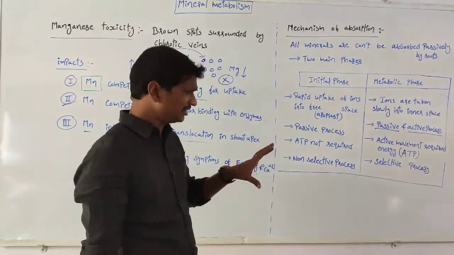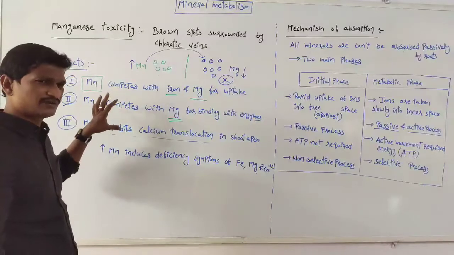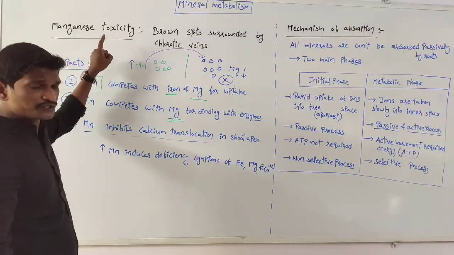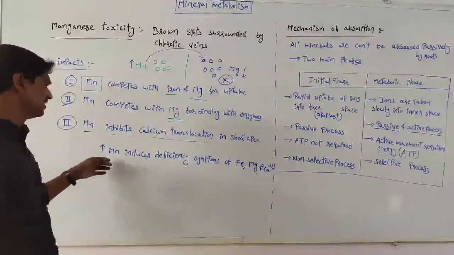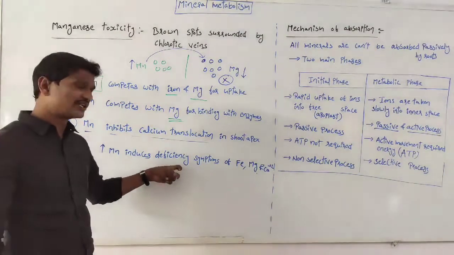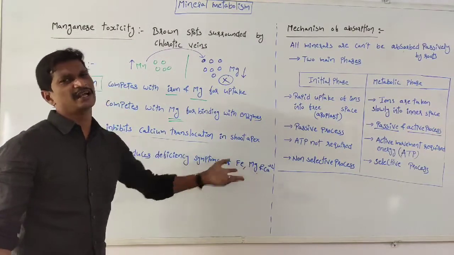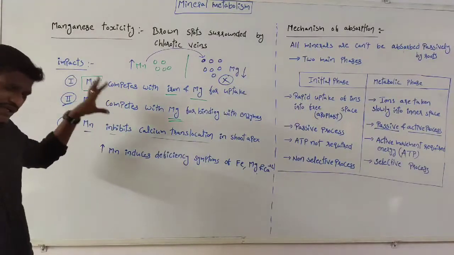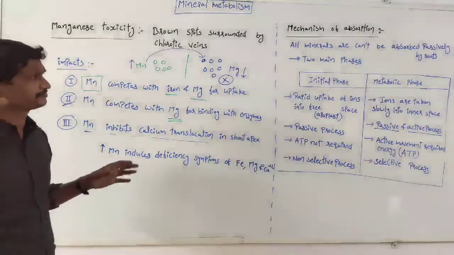So, see, these are three different types of impacts on three different elements shown by the increase of a single element. Here, the high concentration of manganese induces deficiency symptoms of iron, magnesium and calcium. That is about manganese toxicity, and this is the best example for toxicity.